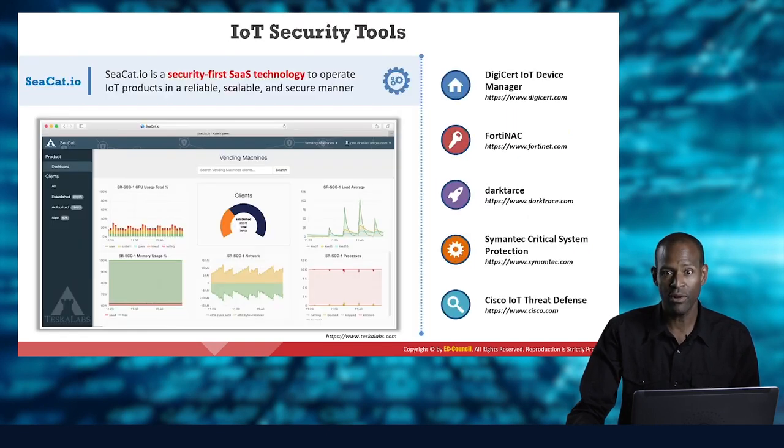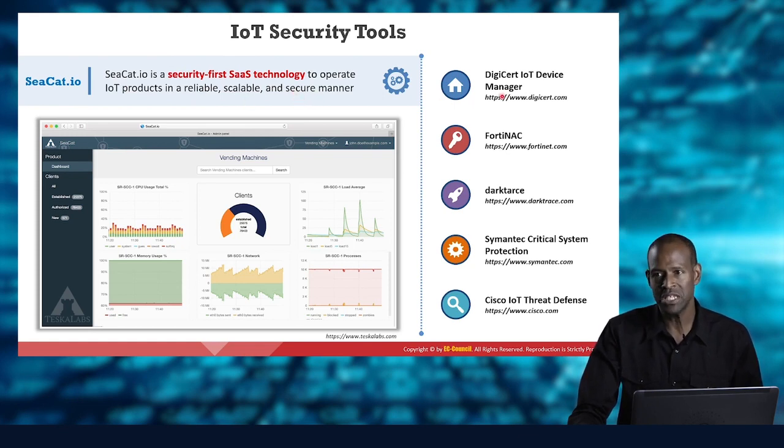You're not alone. You don't have to do this all yourself, running tools one at a time: first I'm going to scan the firmware, now I'm going to scan for open ports. You could actually use some IoT security tools that are built to do the whole thing for you, including CCAT.io, which is a nice little software as a service technology that's used to do reliable, scalable IoT scans and look for vulnerabilities.